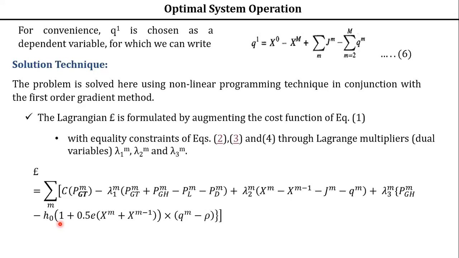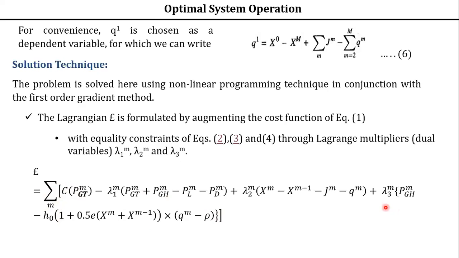So this is how you apply the Lagrangian multiplier. You augment the constraints with the cost function. During each subinterval m, be careful, this summation is for the entire equation. Clear? This is how we have to write it.